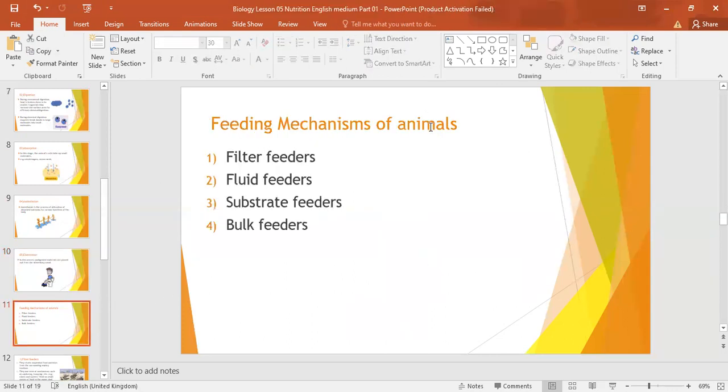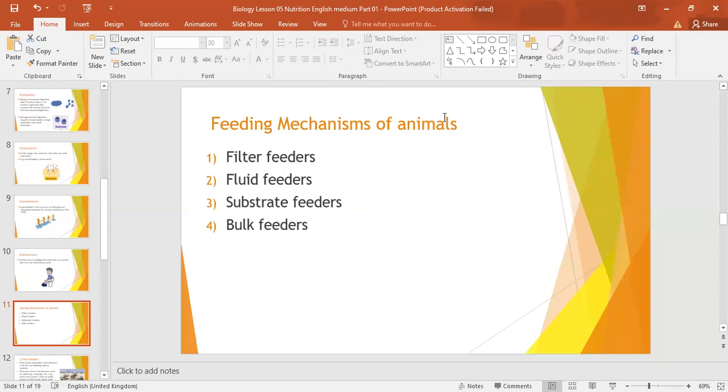Then feeding mechanisms of animals. For considering as a feeding mechanism, the particular animal should have holozoic nutrition as well as heterotrophic nutrition.